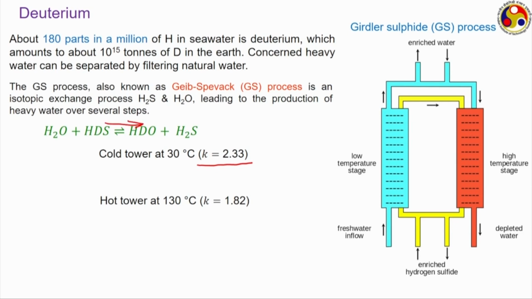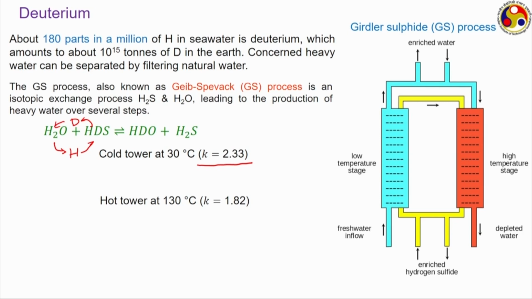Therefore, the deuterium which is bound inside this hydrogen sulfide gets transferred to this H2O, or you can see it this way, the H2O and HDS exchange one hydrogen and one deuterium with each other, with the hydrogen from here going to this and the deuterium from here going to this, resulting in HDO plus H2S.